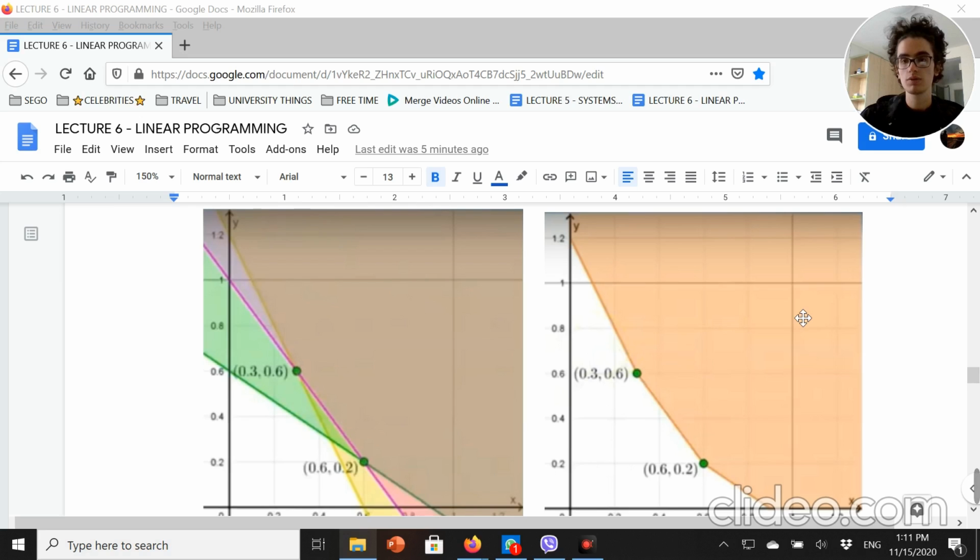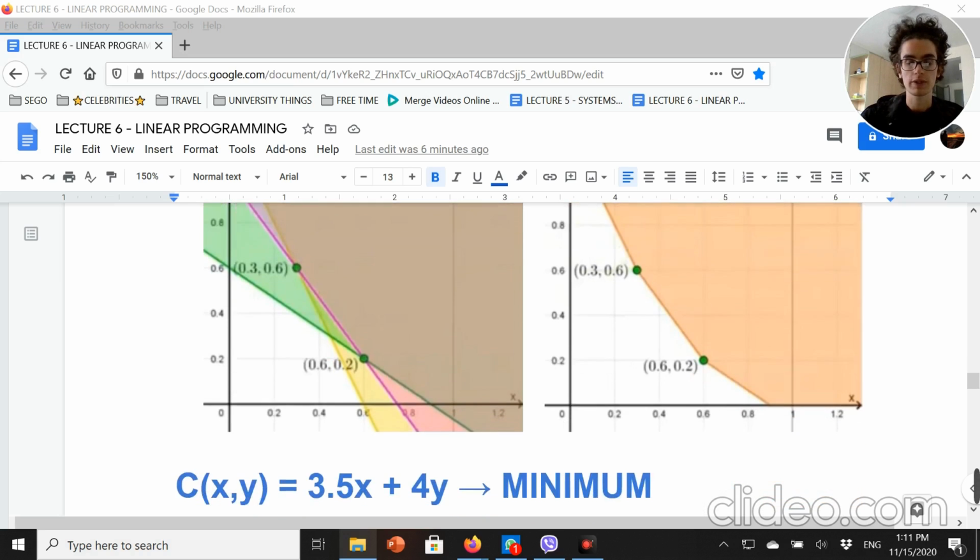And now we need to find the corners of it, and we get corners by looking at the places where our functions intersect. So we have the intersection of the first and third function in point 0.3 and 0.6, and the second and third function in 0.6 and 0.2. So these would be two coordinates we actually want to check.